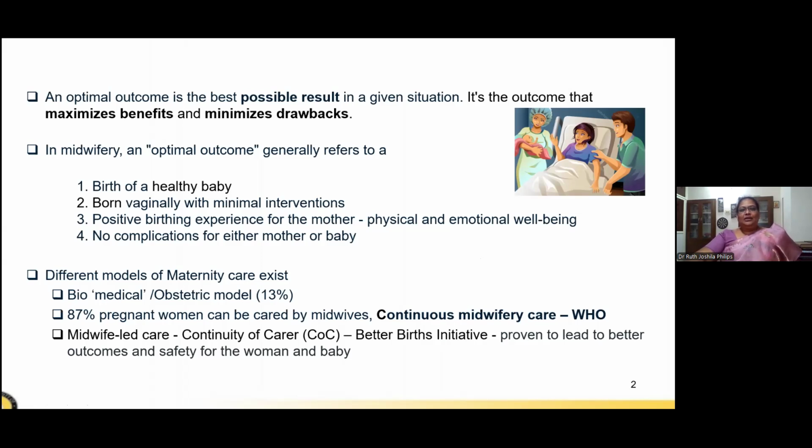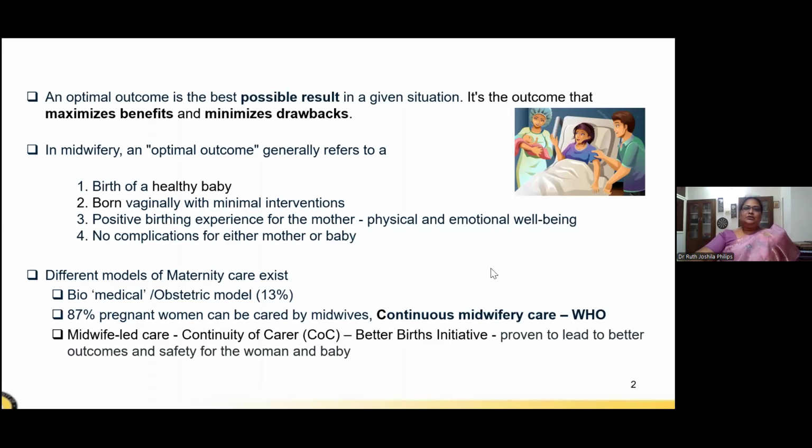And of course, there should not be any complications, either in the baby or in the mother. So when we have these four things attained at the end of the continuum of pregnancy and birth, we call that an optimal outcome in midwifery.